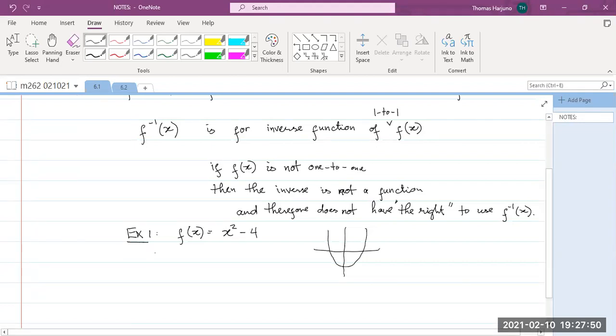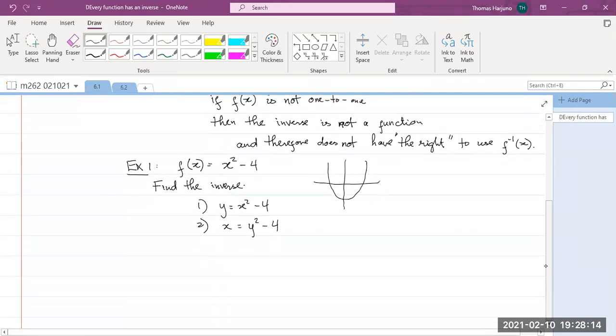So I can ask you to find the inverse, and we do it with steps 1 to 3. Step 1, you change f(x) to y. Step 2, you swap x and y. The inversing actually happens here: when x becomes y and y becomes x, that's the inversing. Then step 3, we try to isolate y.